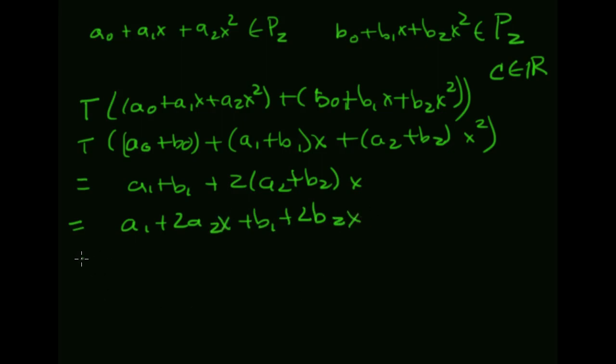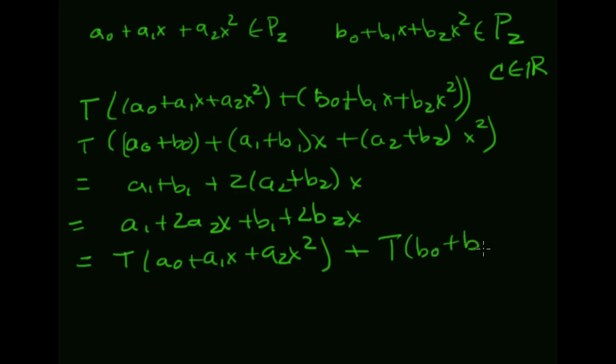This is an x, which means this is the transformation of a0 plus a1x plus a2x squared, and this is the same as the transformation of b0 plus b1x plus b2x squared. So that gives me closure under addition. Let's try it for scalar multiplication.